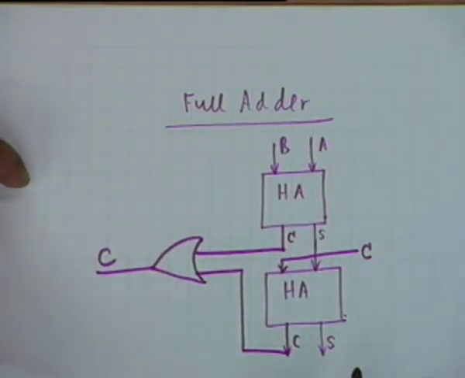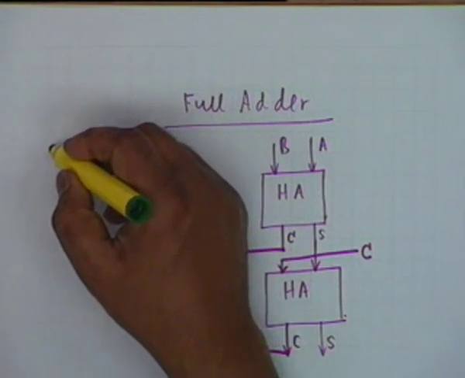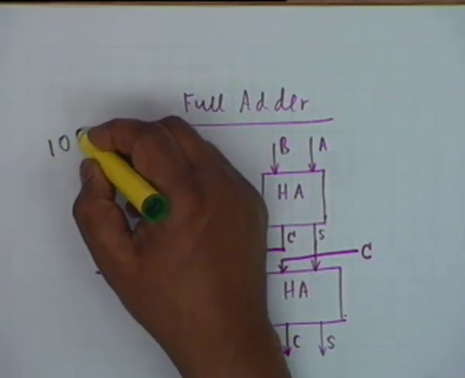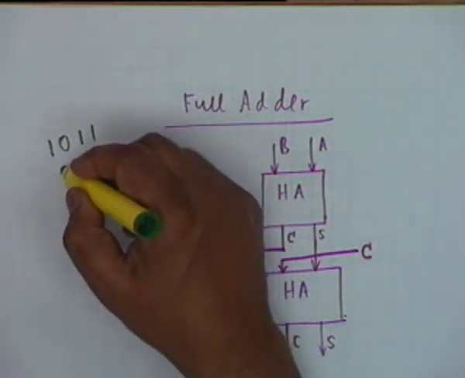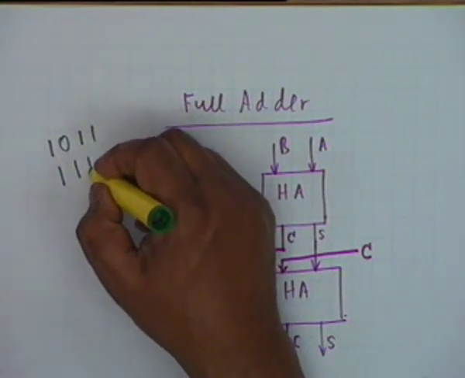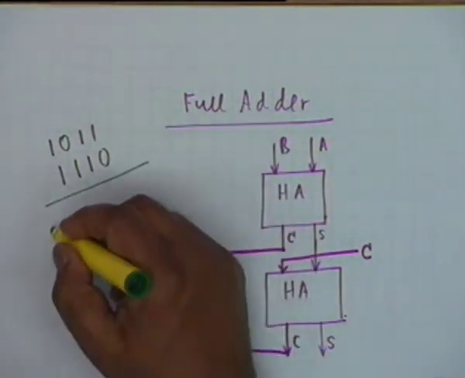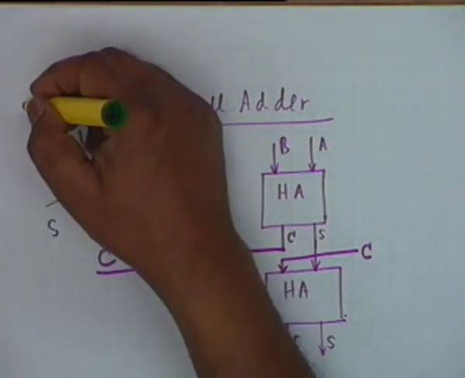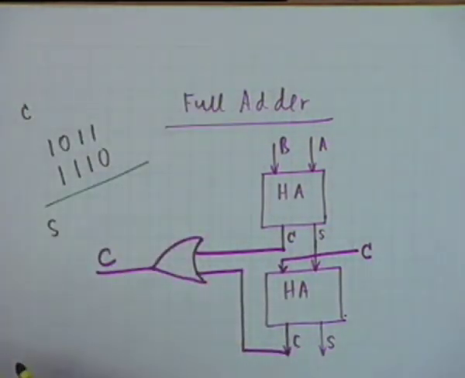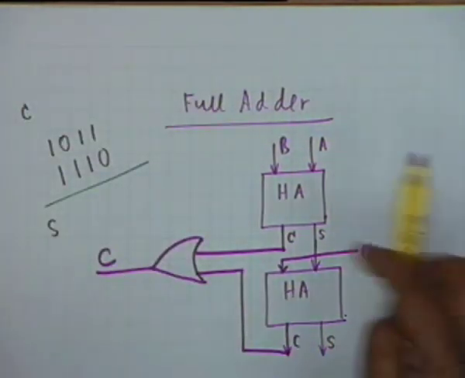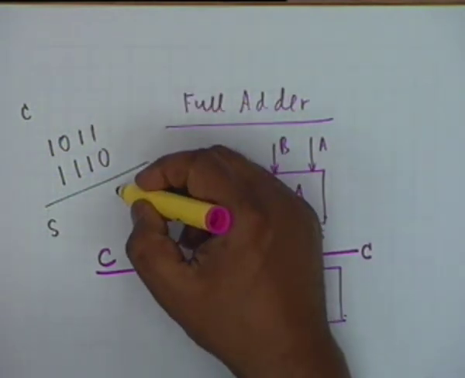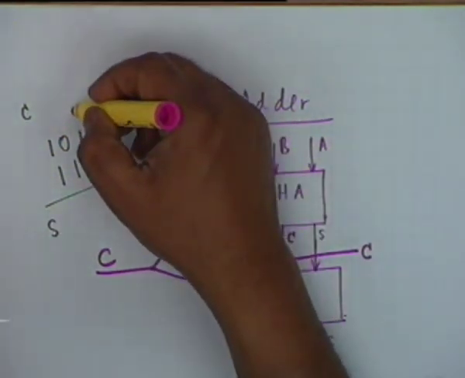Let me illustrate this. The best way to show that it is correct is to illustrate. Let me take two numbers, 1 0 1 1 and 1 1 1 0. We represent the sum here and the carry here. 1 and 0, the sum is 1 and the carry is 0.